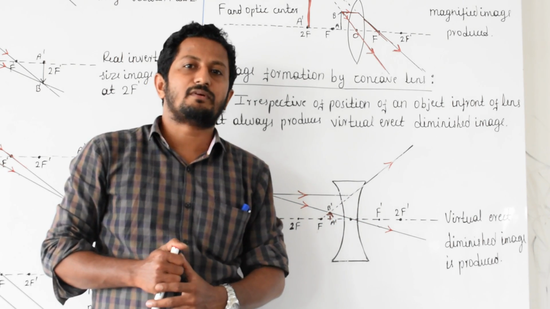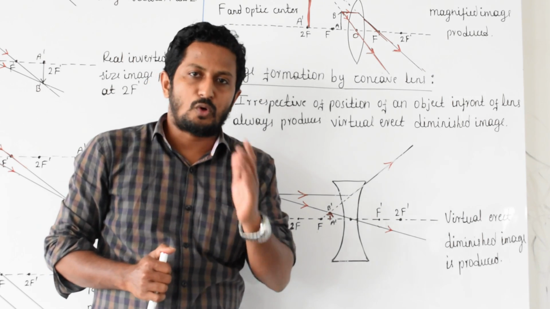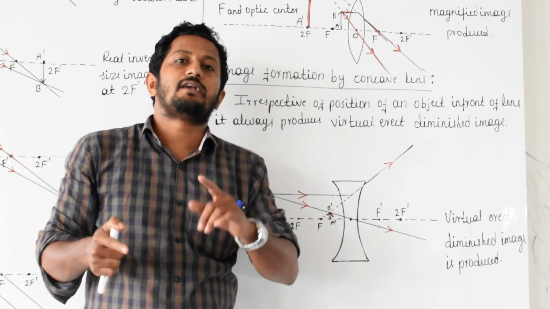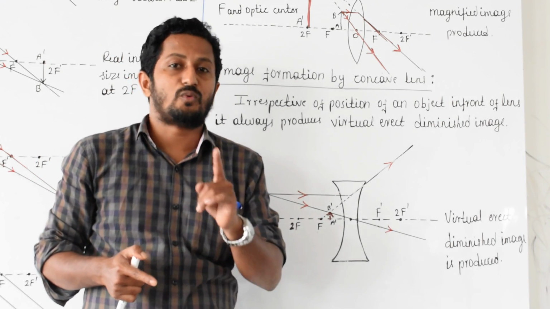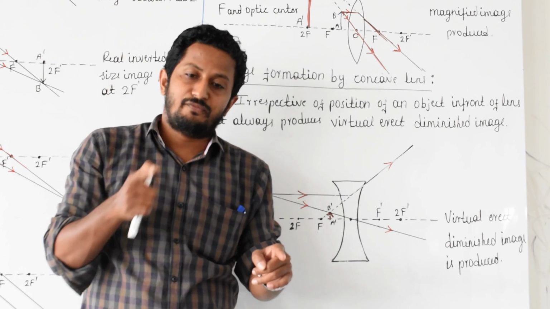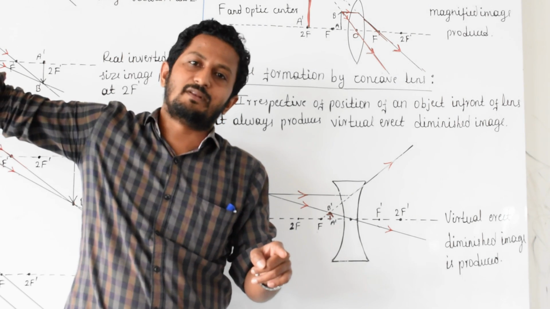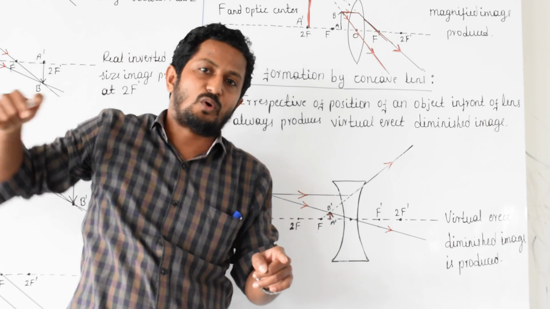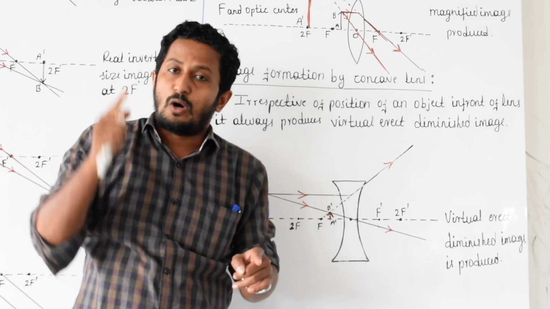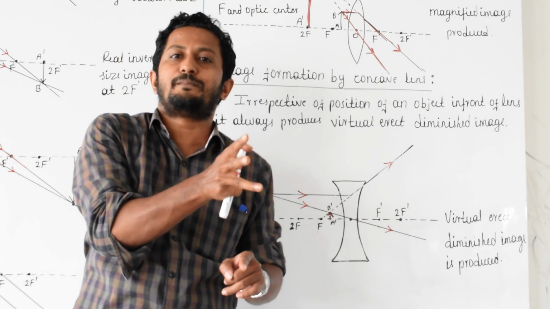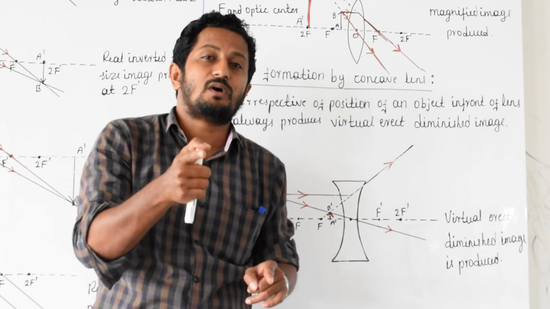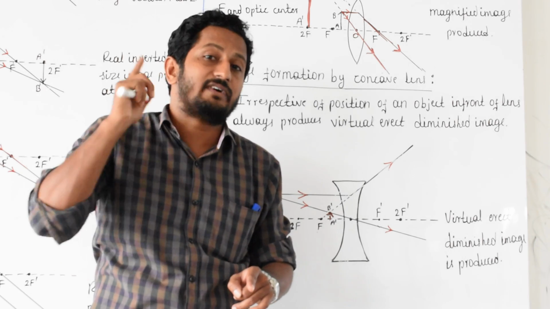Two things you have to remember. It's very important that the convex lens is going to produce both real and virtual images. If the object is beyond the principal focus till infinity, that convex lens will produce a real inverted image. If the object comes in front of the principal focus, then that convex lens will produce a virtual, erect, magnified image.